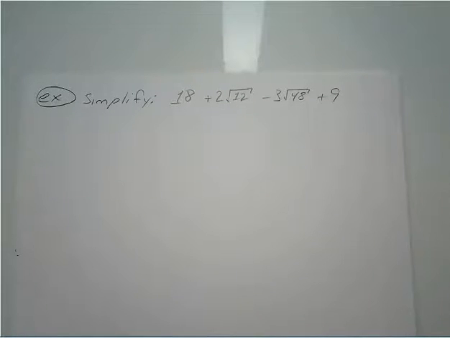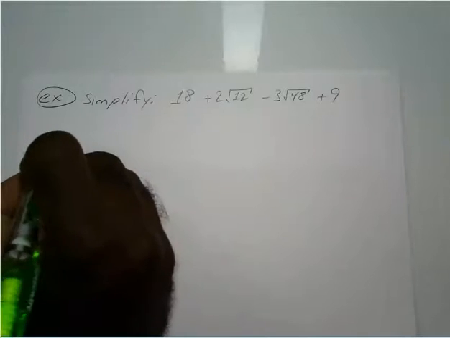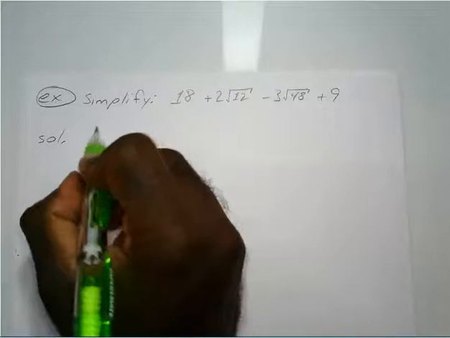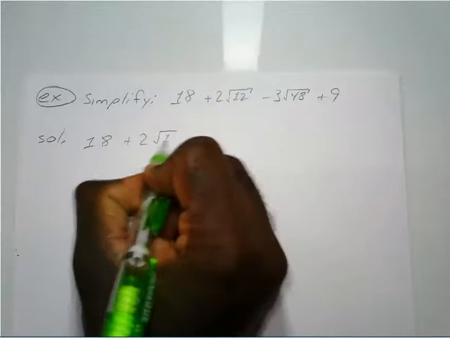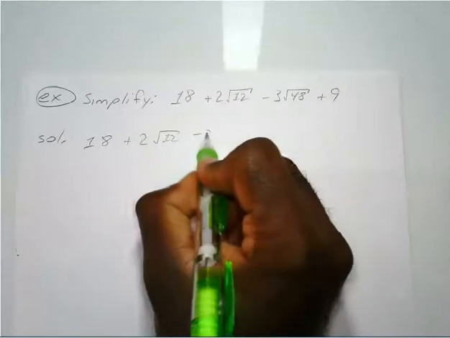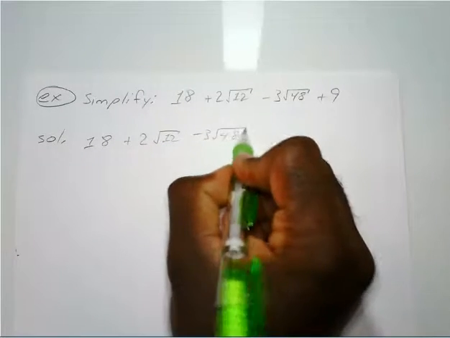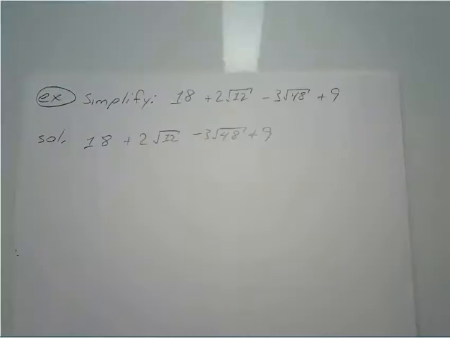All right. I'm just going to rewrite it. 18 plus 2 square root of 12 minus 3 square root of 48 plus 9.